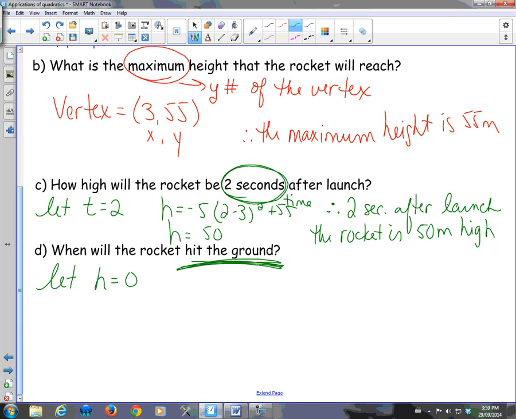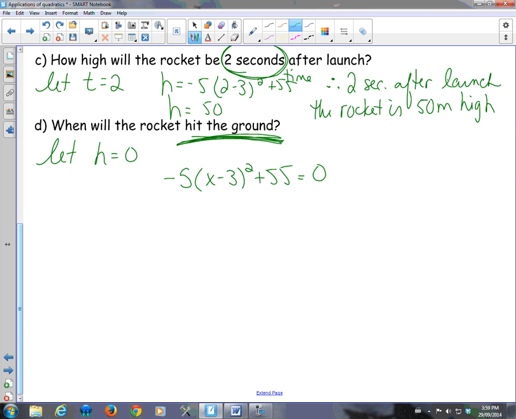So if I put 0 in for that, I have negative 5 times x minus 3 squared plus 55 equals 0. Now I'm going to have to do a bit of work to solve this.